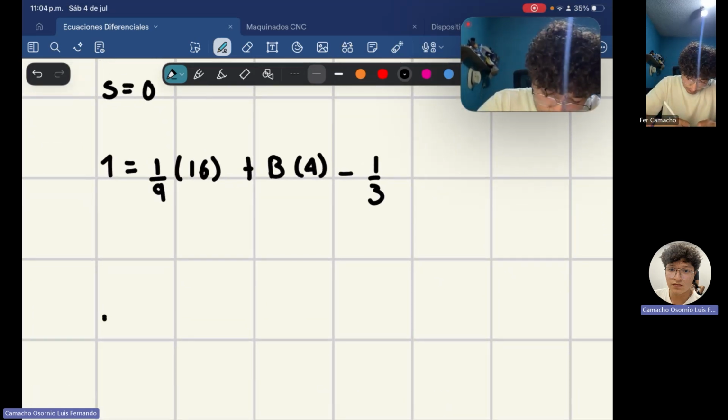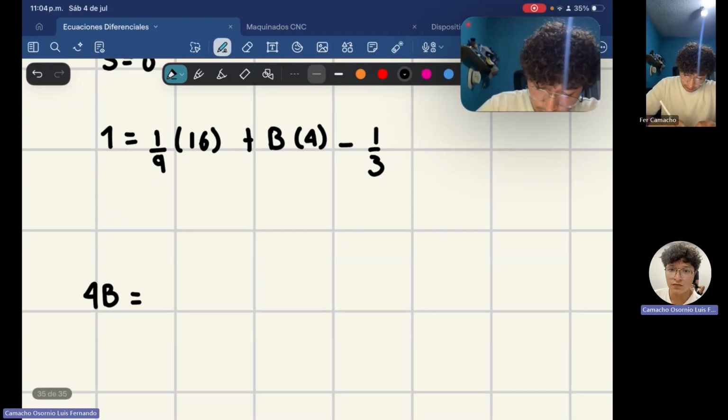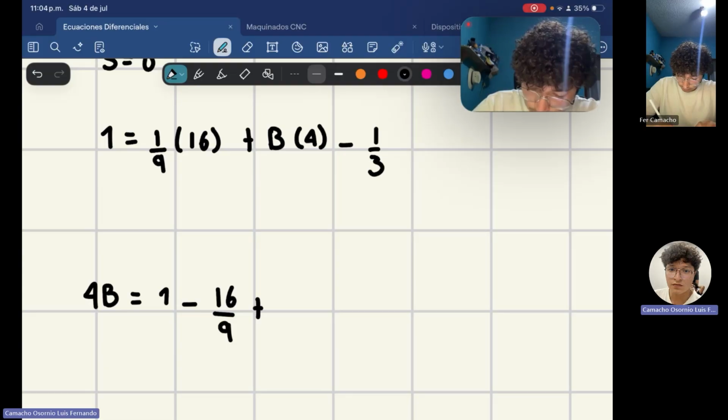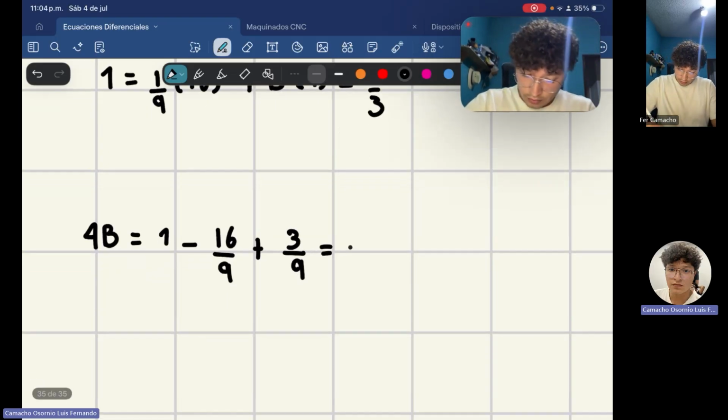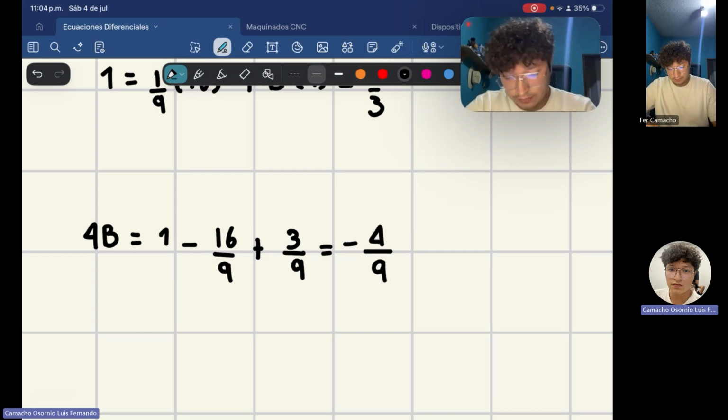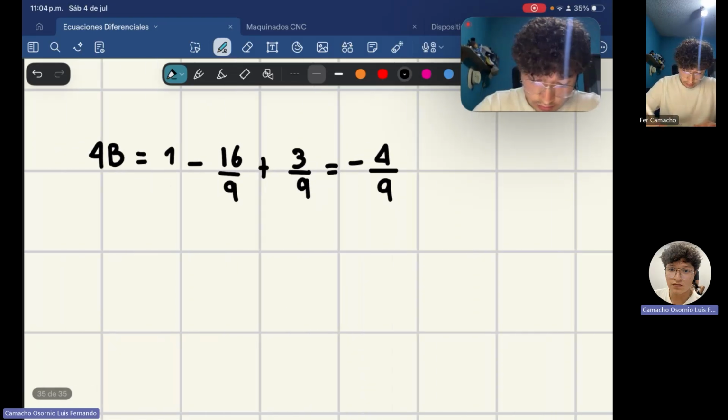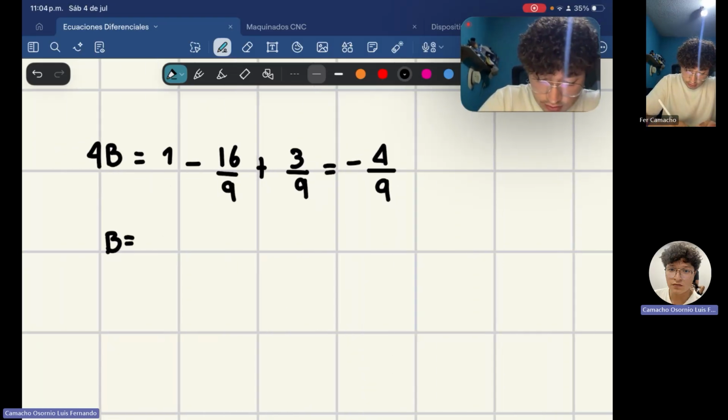We separate B. We're going to have 1 minus plus, it's equal to 3 over 9, and we have minus 4 over 9. And so we have that B is minus 1 over 9.